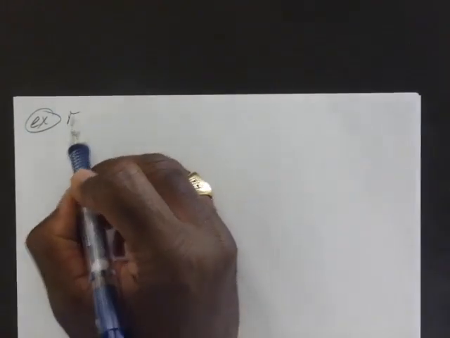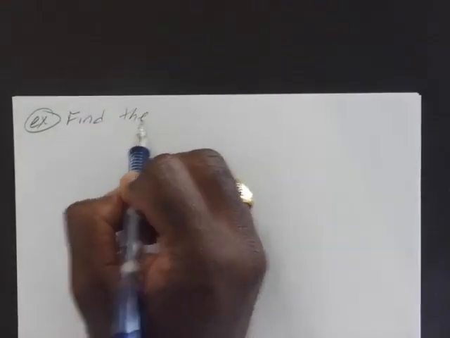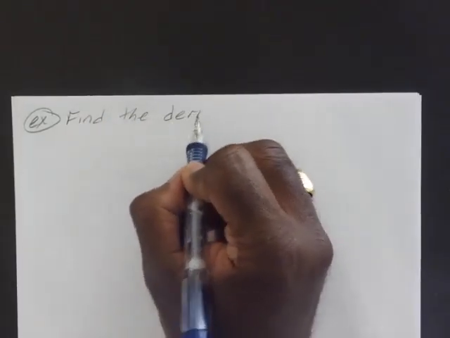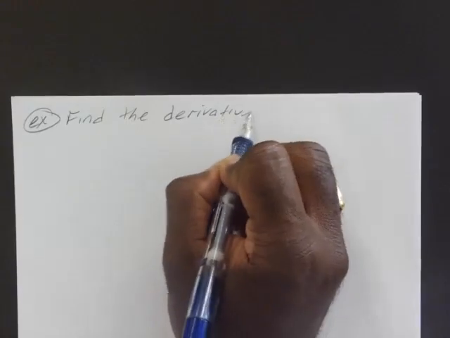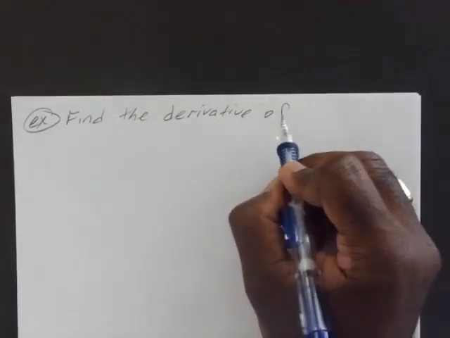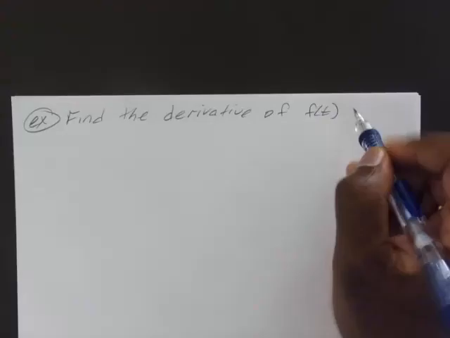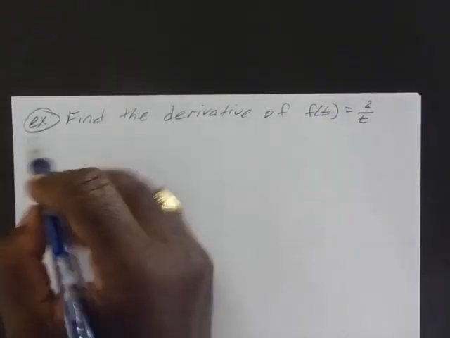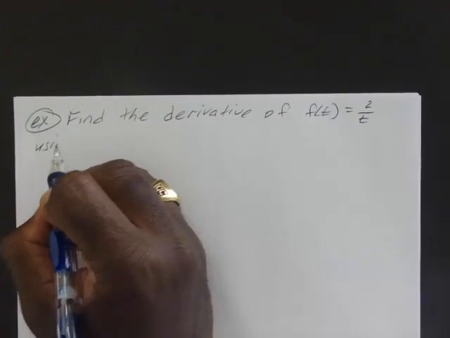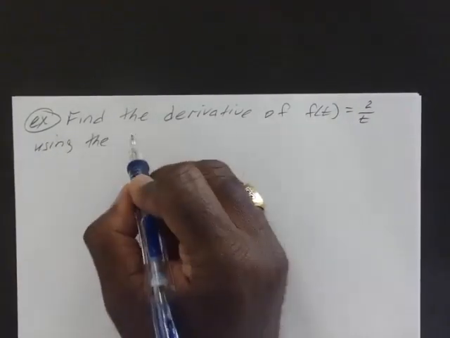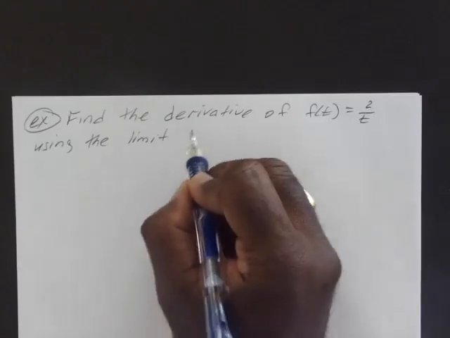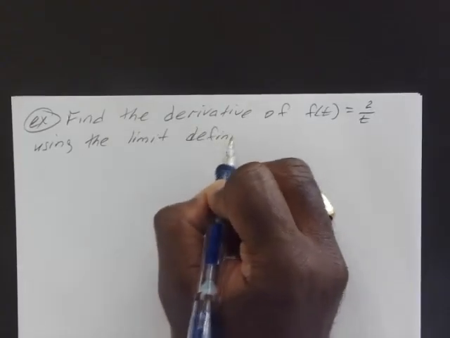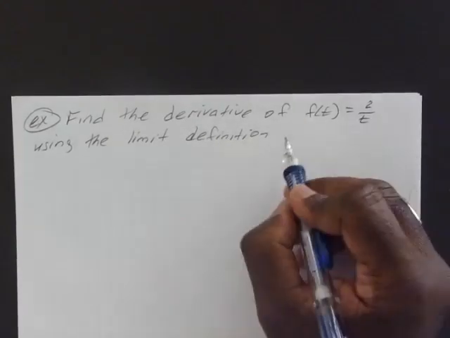So what if we wanted to find the derivative of f of t equals 2 divided by t using the limit definition of a derivative?